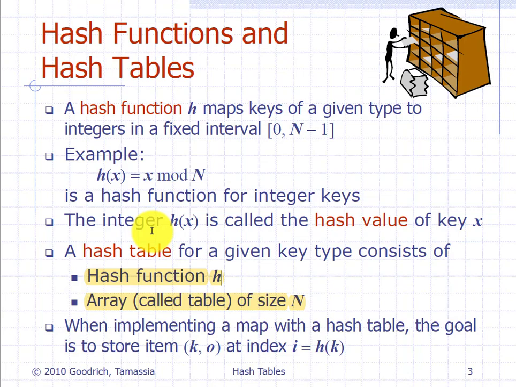So these are all important in making a decision about the hash function and about the array. And so I cannot certainly tell you this is the hash function you need to always use, or this is the array size you always need to use, and so on.